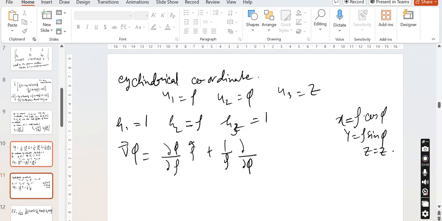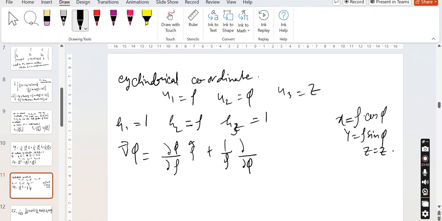Here we can use another angle which is theta.